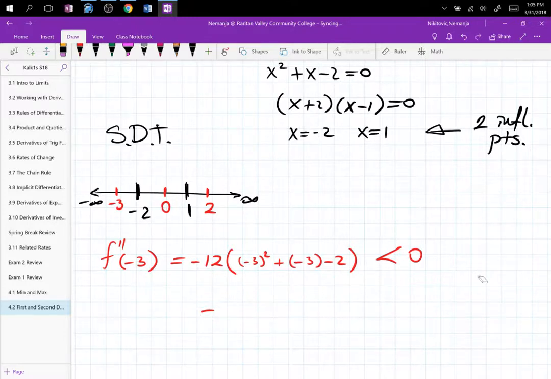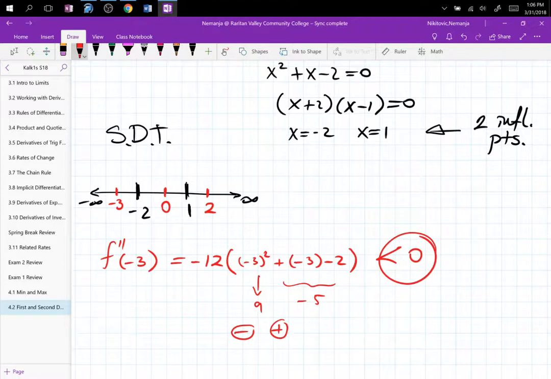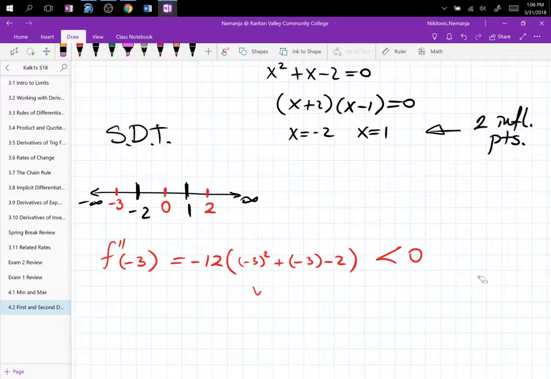So the way I compute this quickly in my head is that's a 9, and these two are -5. 9 minus 5 is +4. I don't care about 4 anymore, because now I have a negative number times a positive number, that's going to be negative. And that's the way I compute. But there is nothing wrong with, I mean, you're wasting time because you're getting the exact number.